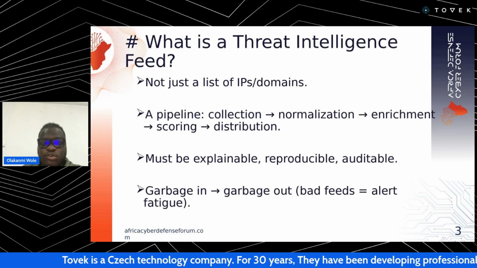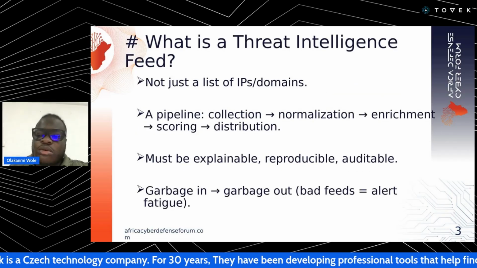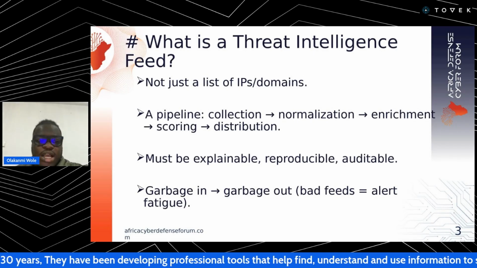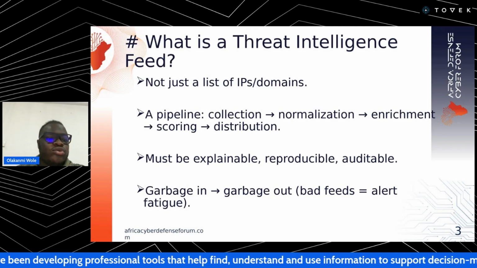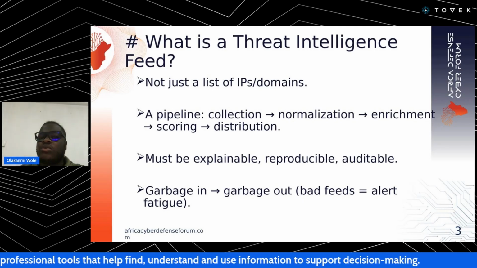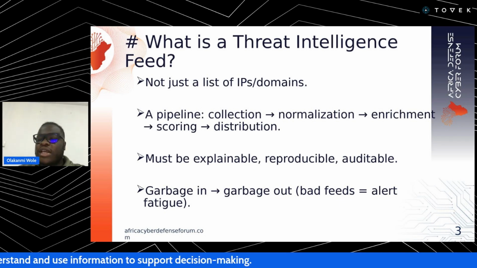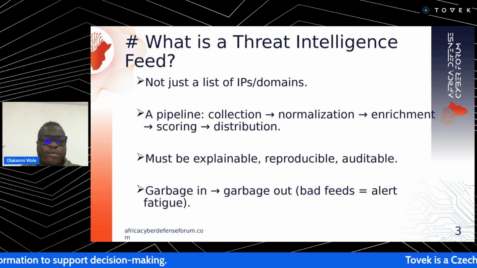Before we even talk about building threat intelligence feeds, it's very important to talk about exactly what a threat intelligence feed is, and then we can start slowly from there, right?